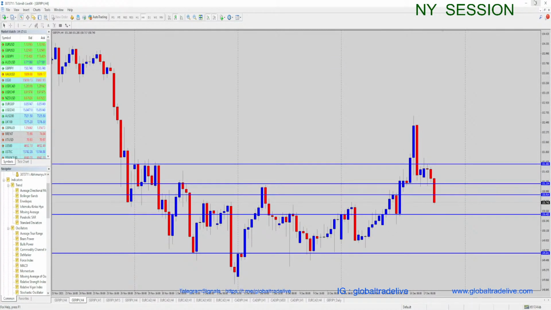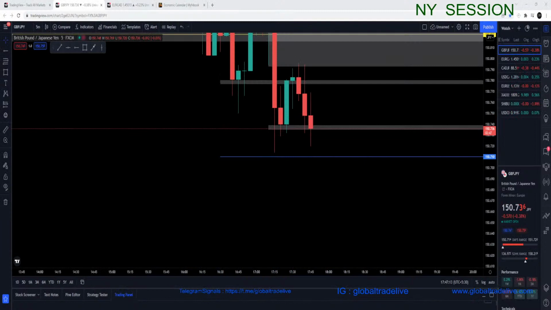I seriously think this 4 hour should be moving all the way down from here. All the time frames in GBP JPY are extremely bullish. All the time frames. Sorry, not bullish, bearish.